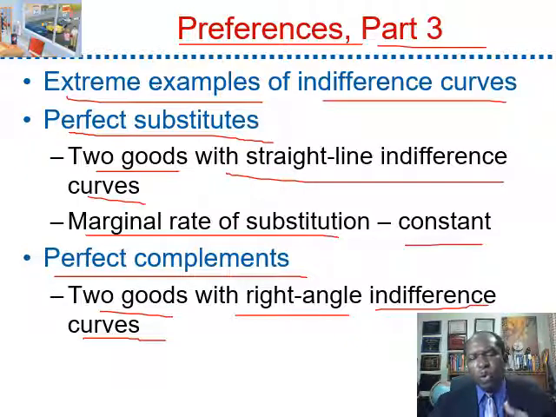The consumer will only care about the number of pairs of shoes. So a bundle with 5 right shoes and 5 left shoes will make a consumer equally as happy as a bundle with 7 right shoes and 5 left shoes.